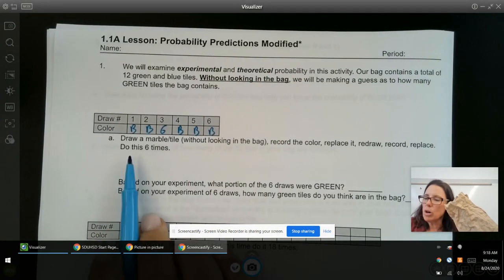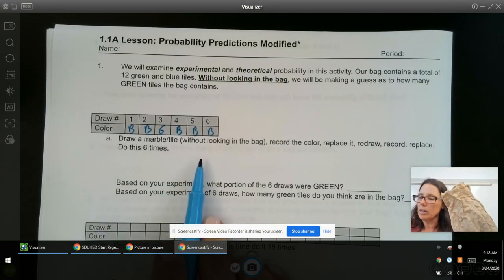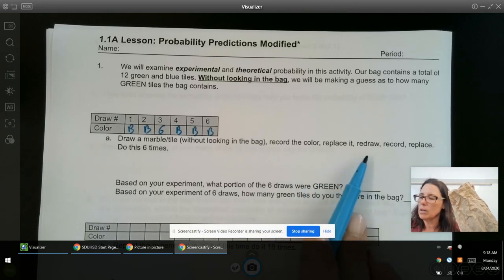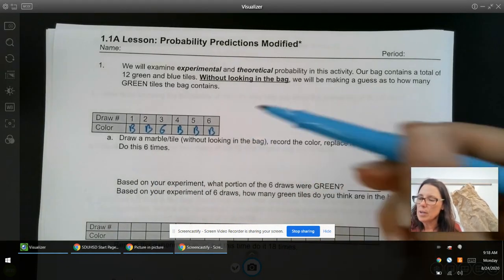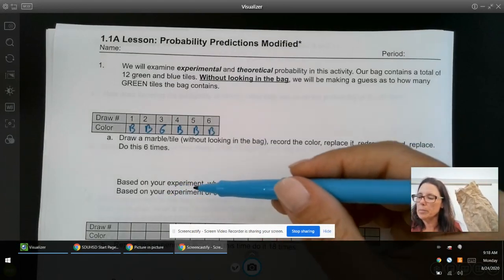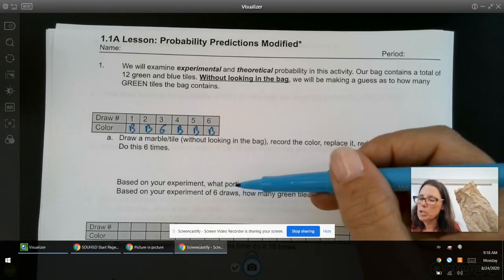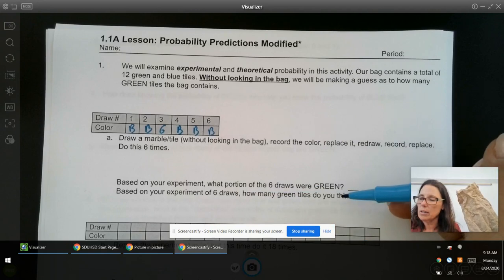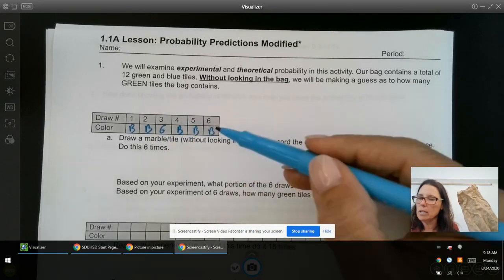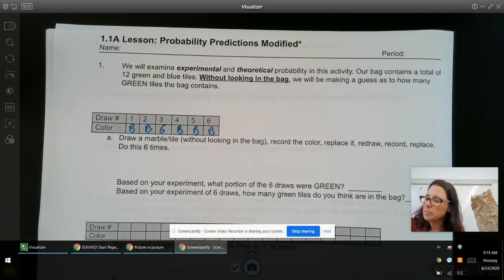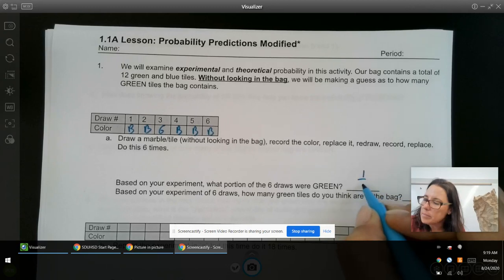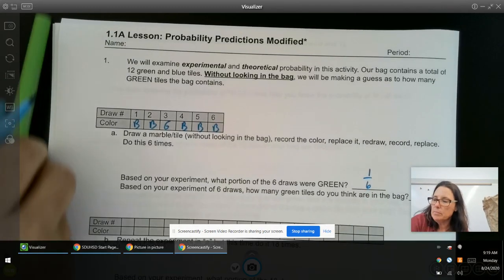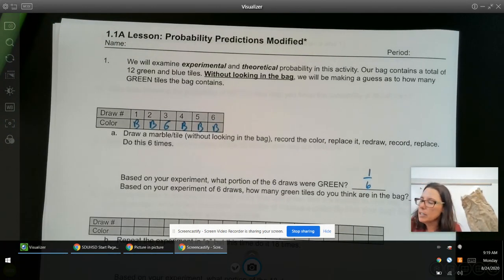All right, so it said draw a marble tile without looking in the bag, record the color, replace it, redraw, record, replace, do this 6 times. So there it is. Based on your experiment, what portion of the 6 draws were green? I had 1 green of 6. You know what?